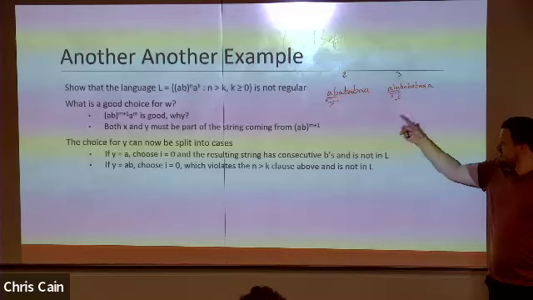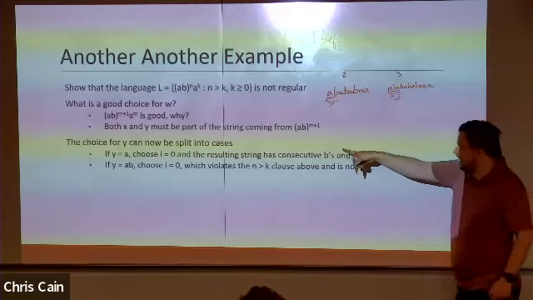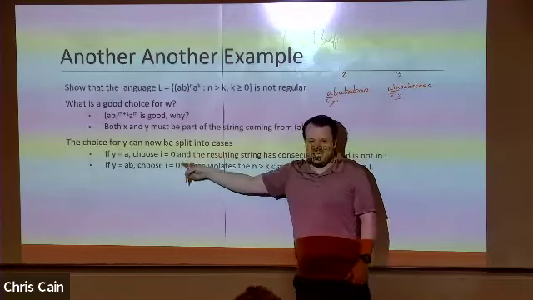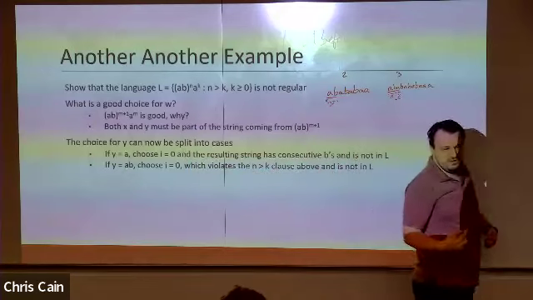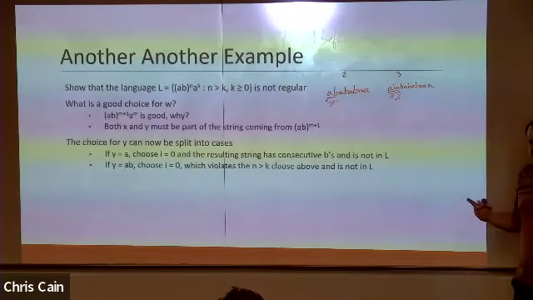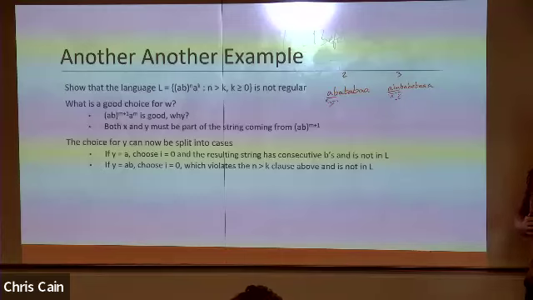You do not always have to choose the same I. Even though we chose I here and we chose I here the same, you can choose different values of I, just saying in this case, iterate this loop some different number of times and you produce a string that is not in the language. That's perfectly fine. Do not have to stick with the same I.